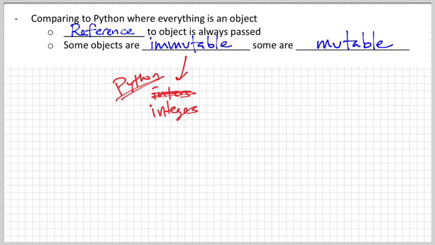Whereas in Java, primitive data like int, float, etc., they are mutable. And so there is going to be a difference when I pass integer objects in Python, which are immutable. The behavior changes a little bit.